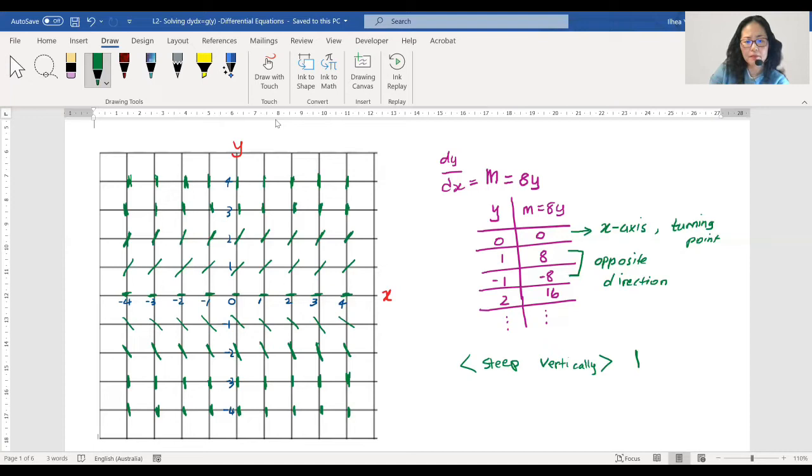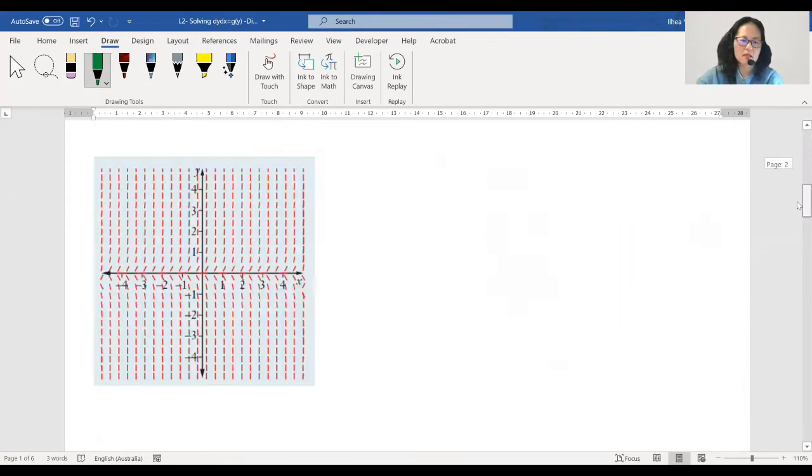But if you look below the x-axis, my gradients will be in the opposite direction, to the left, the negative direction, okay? So I've done that, and then it gets steeper, and eventually it's going to be vertically straight up, sort of. That's roughly similar to what I've got, but much neater.